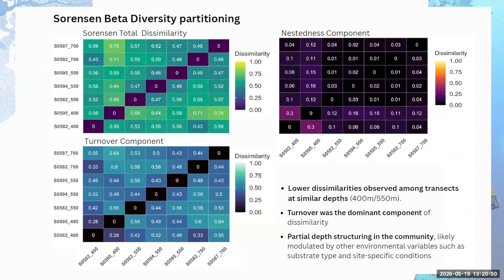So it's like a gradual filtration of the same community. But in these systems, we see that with depth, there might be new species replacing the existing species from the upper layers. So it is important, because conservation priorities should go all the way down, because there's species turnover.